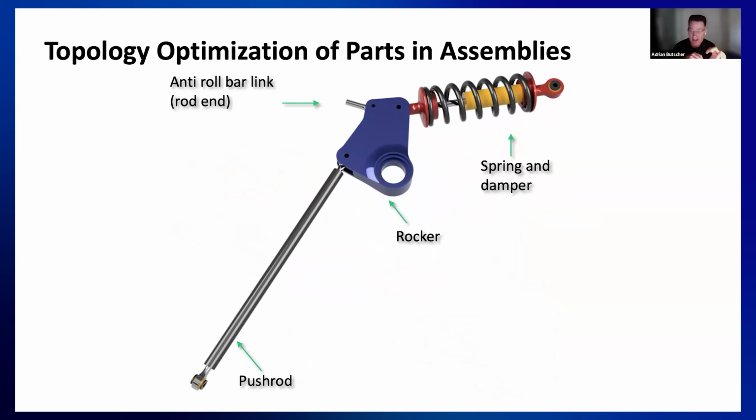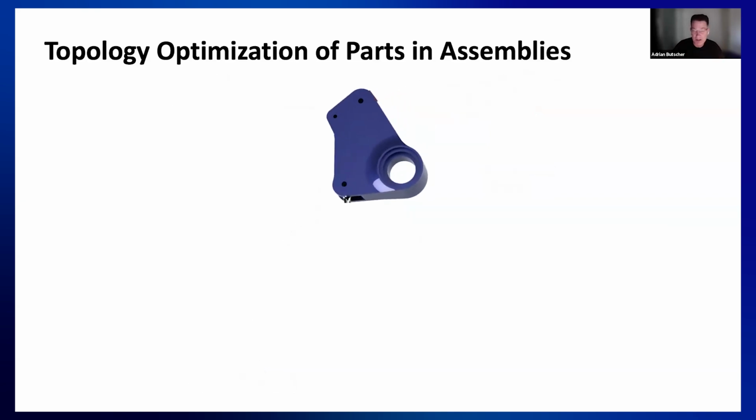It connects to a push rod, to a spring and damper unit, and to the anti-roll bar. Not shown here, it also connects to the chassis of the vehicle. These connections occur at interfaces, and these interfaces can be as simple as welds, where one part is welded to another in a fixed connection, or they can be revolute joints which permit relative movement, like in this example here.